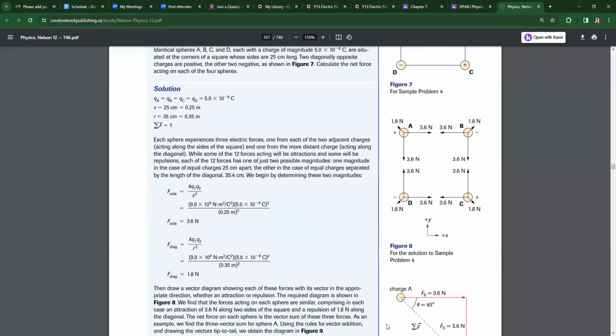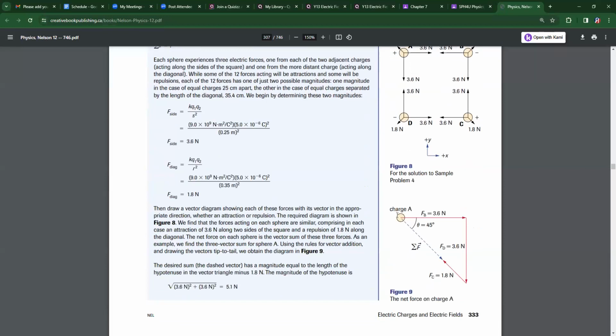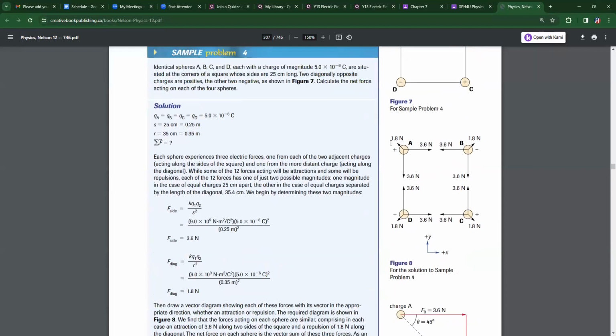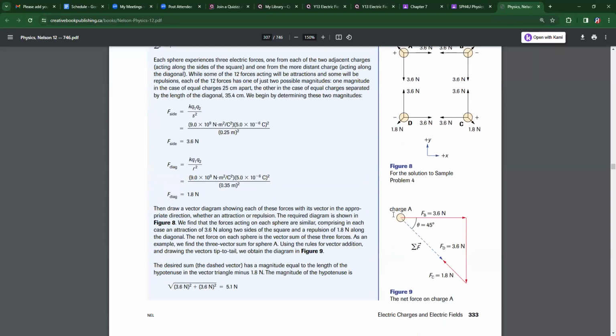You can look at the combination on charge A, in that corner. How will charge B affect it? Because they're opposite charges, it will be a force of attraction, so the force will be to the right of this charge. How will the other charges affect it? Check direction, magnitude, and find the resultant force.